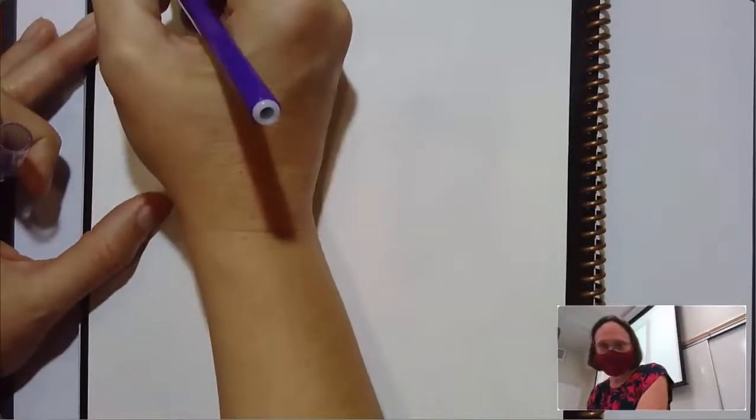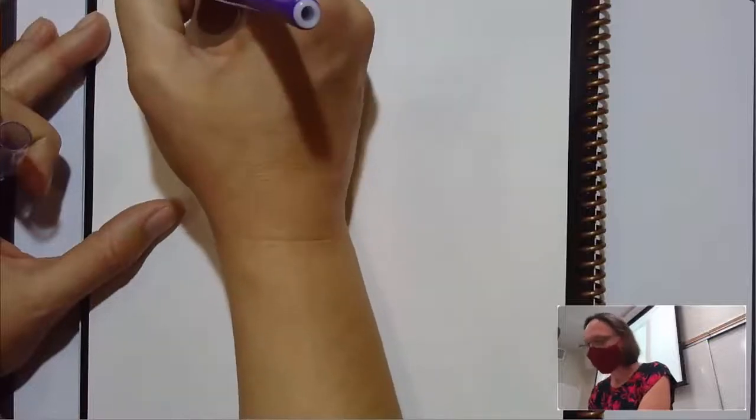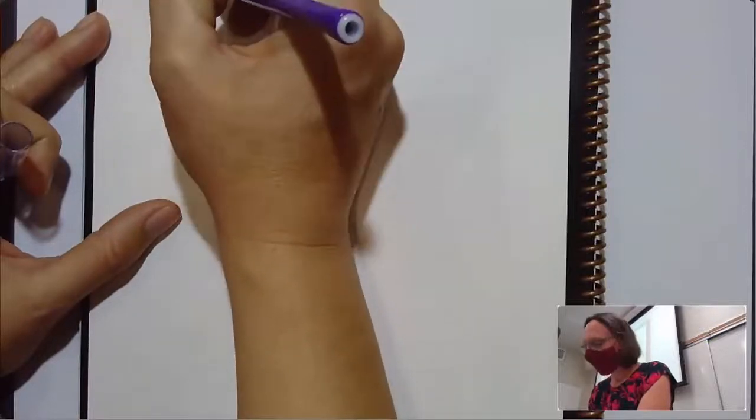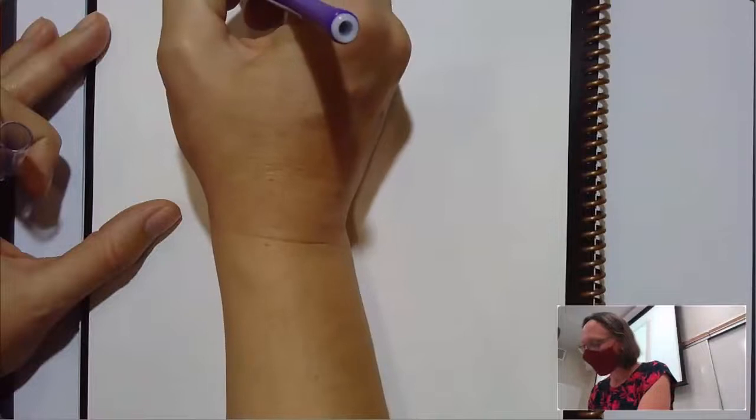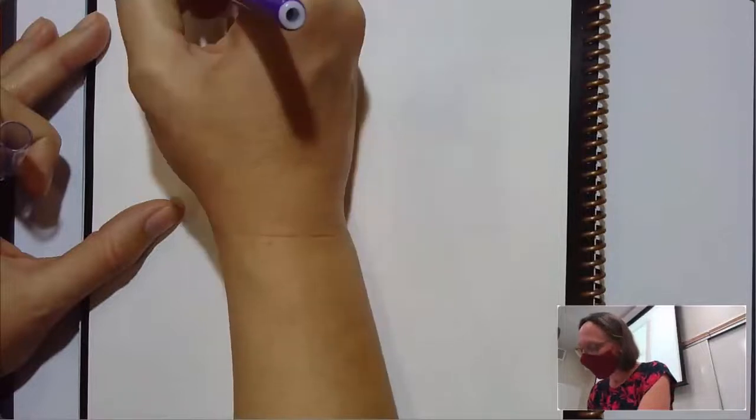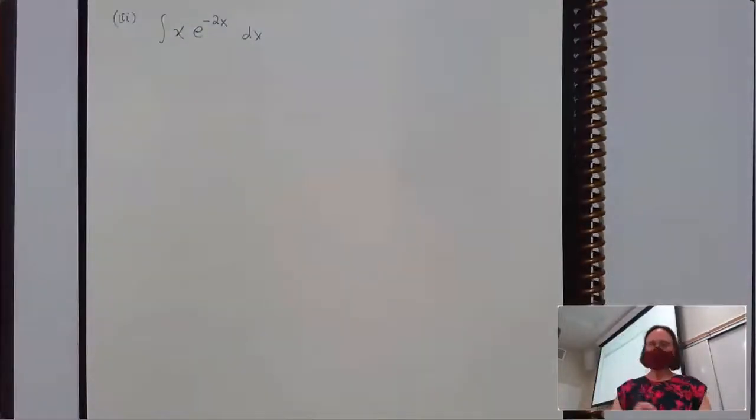Continuing on problem 2 here. I've got x e to the negative 2x dx. If I take a look at that, I'm always hoping for a u substitution, but it's not going to be helpful here.